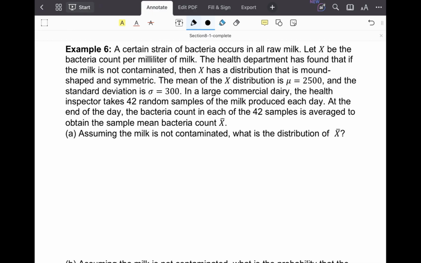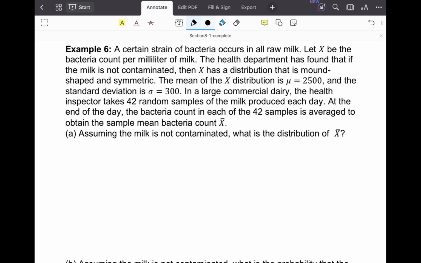And it says in a large commercial dairy, the health inspector takes a random sample of 42 random samples of the milk produced each day. At the end of the day, the bacteria count in each of the 42 samples is averaged to obtain the sample mean bacteria count, which is X bar.